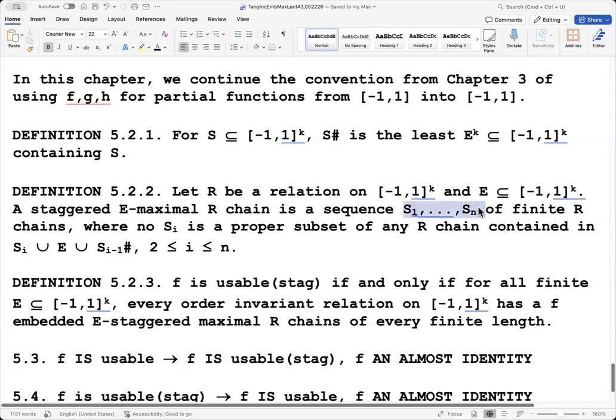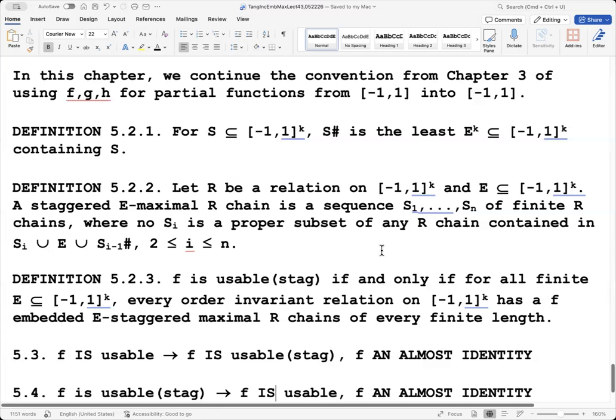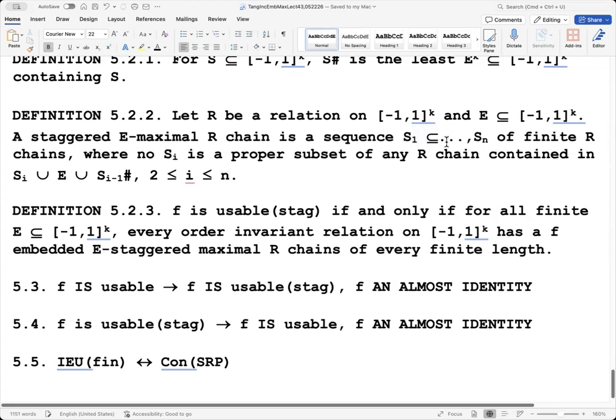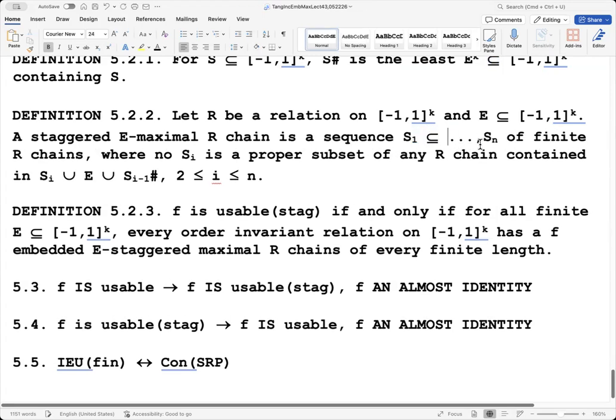Here's the system. Now, actually, have I done this right? I have not. This is under inclusion. Yes, this is under inclusion, and it's really important.